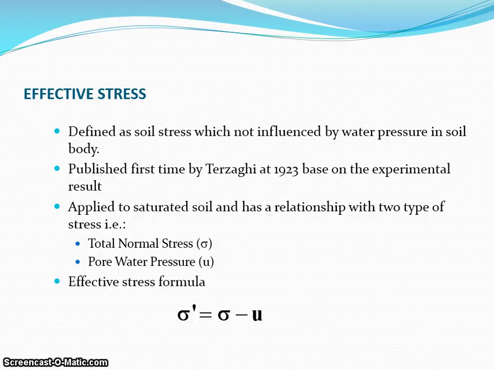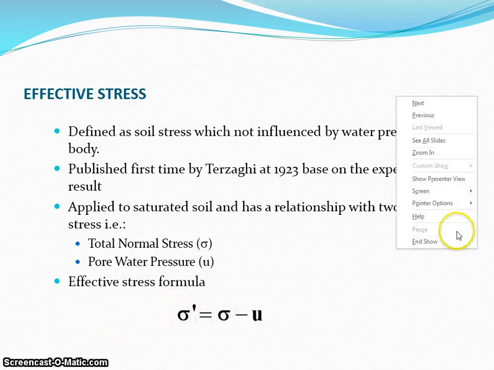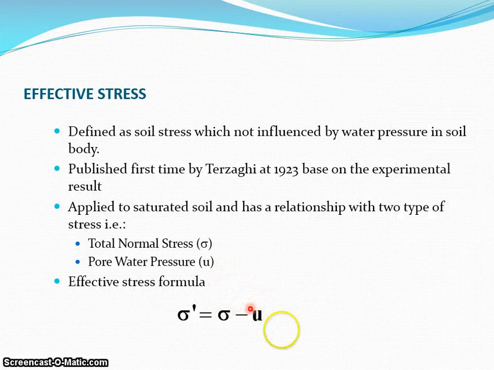Okay, let's continue a little bit more about soil stresses. In the previous video, we learned that the effective stress formula is sigma prime equals sigma total minus the pore water pressure.